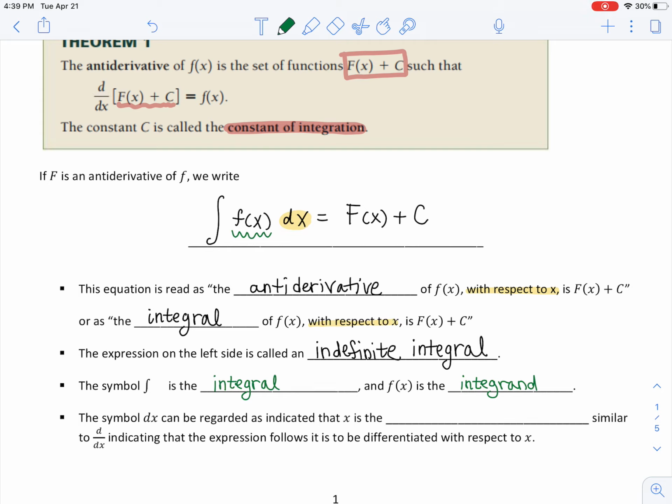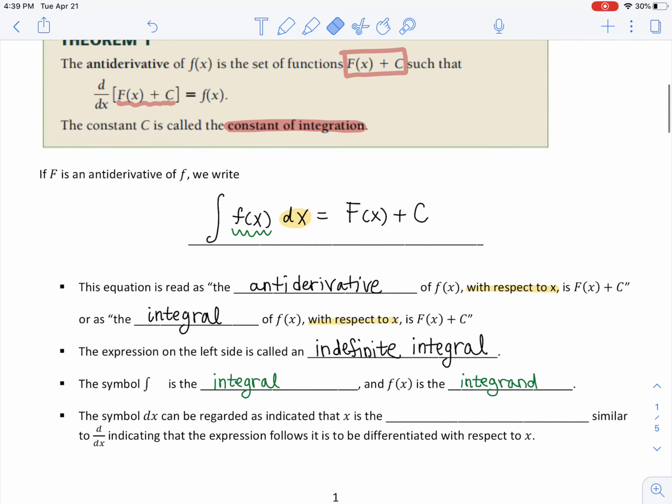Okay, now last one, the symbol dx, and we want to make sure we put that to tell whoever's solving our problem what variable they are taking this integral with respect to. So the dx can be regarded as indicating that x is the variable of integration.